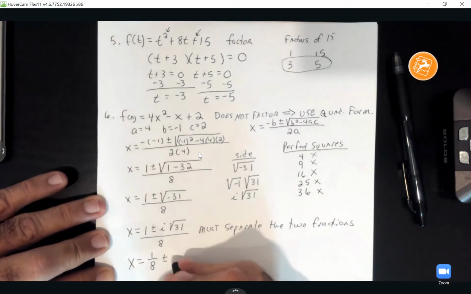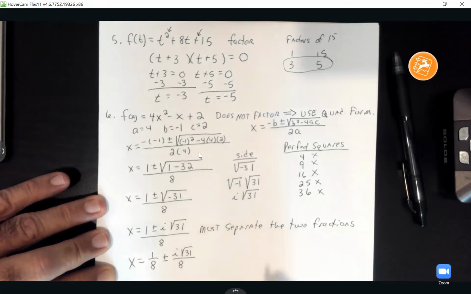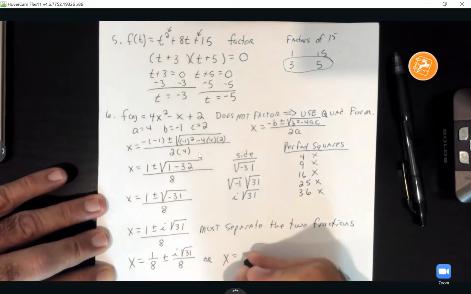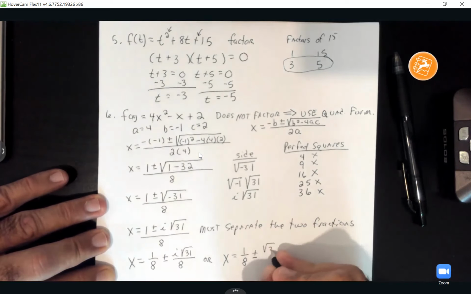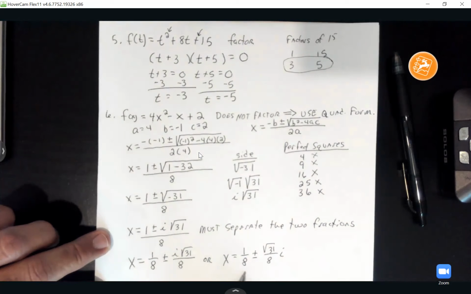So you can do i square root of 31 over 8, or you could do this as x equals 1 over 8 plus or minus square root of 31 over 8, and then put the i at the end. It'll take this either way.